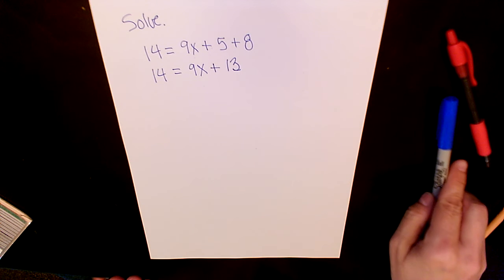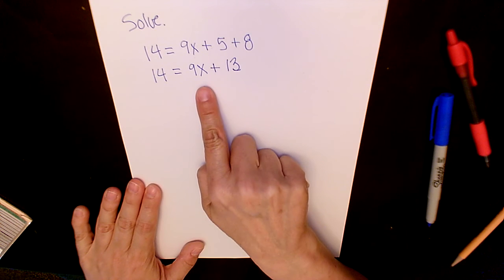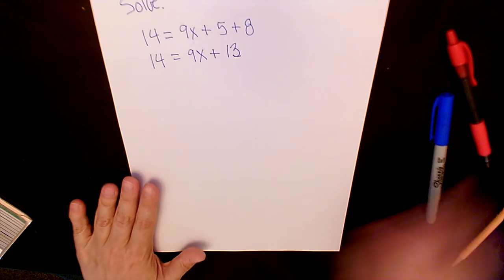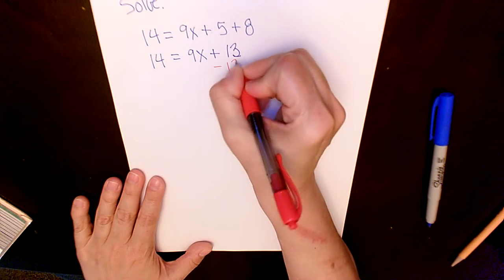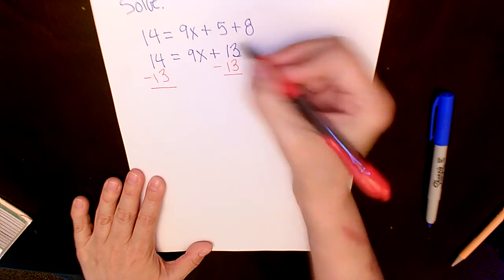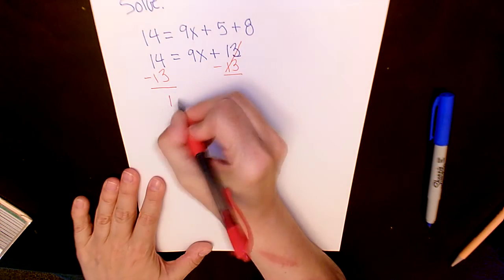So next, I'm going to start on the side that has the x. I want to get x by itself. We're going to add or subtract. So I have a plus 13, so I'm going to subtract 13. And these are going to go, and 14 minus 13 is 1.